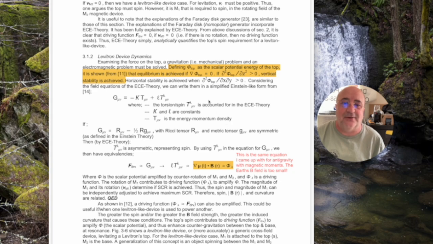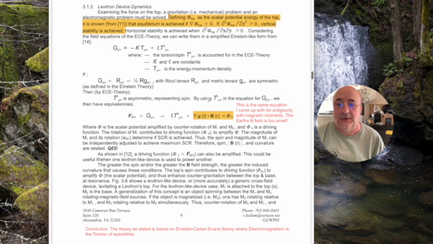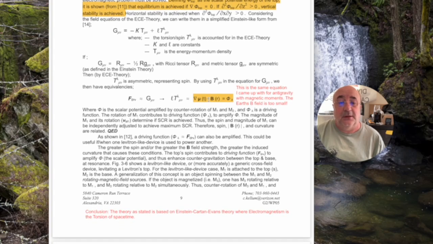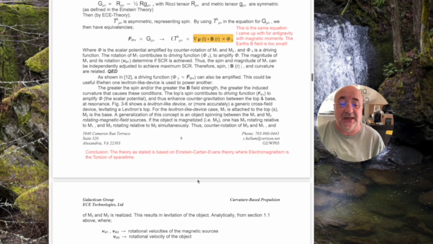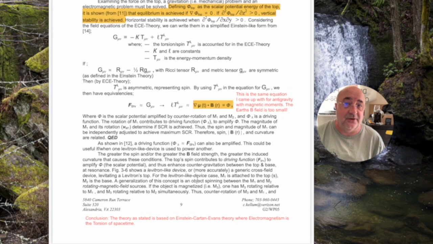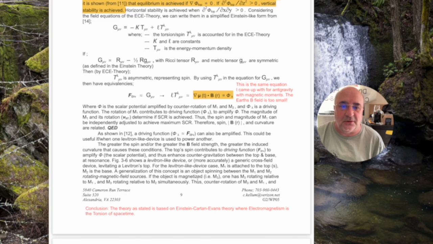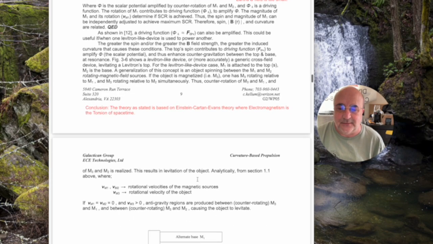But as I pointed out, electromagnetism is not geodesic motion. So, in conclusion, this theory is based on this ECE theory where electromagnetism is the torsion of space-time, which he's reading into it stuff that isn't there. And he's not really understanding gravity at all. He's barely understanding consistent electromagnetism.